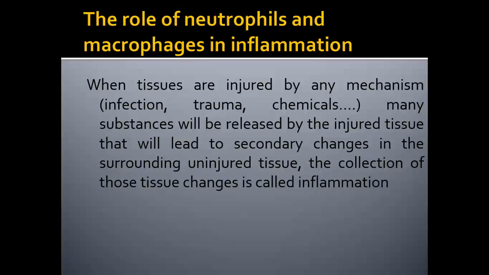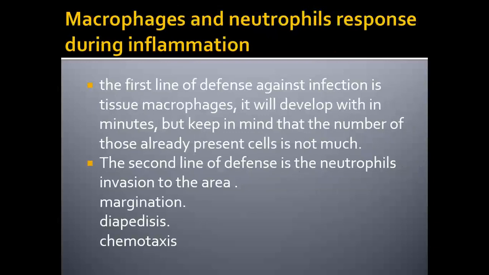Now, suppose that we are having an infectious process in the skin or on whatever part in our body. What's the first line of defense against this infectious process? The first line of defense is, in fact, the tissue macrophages that are already present in that tissue. Why? Because they are already present.